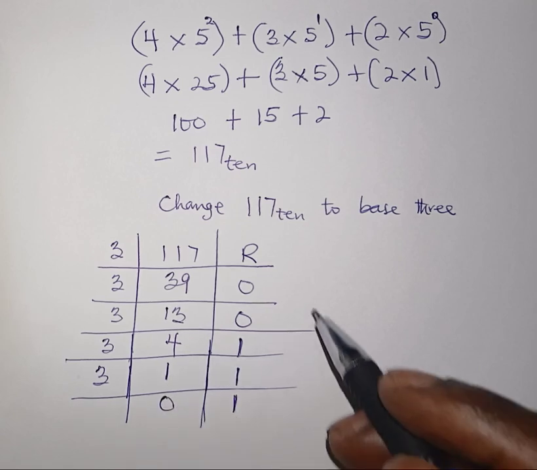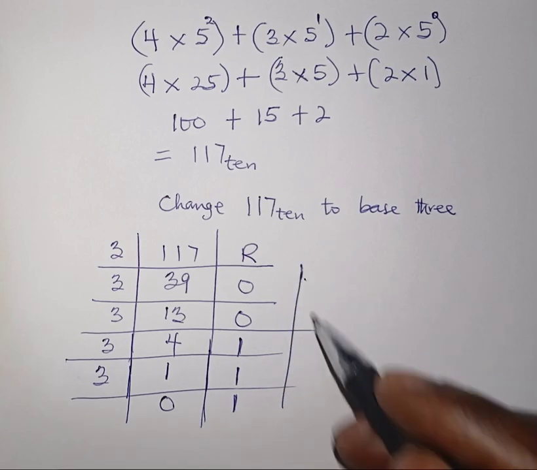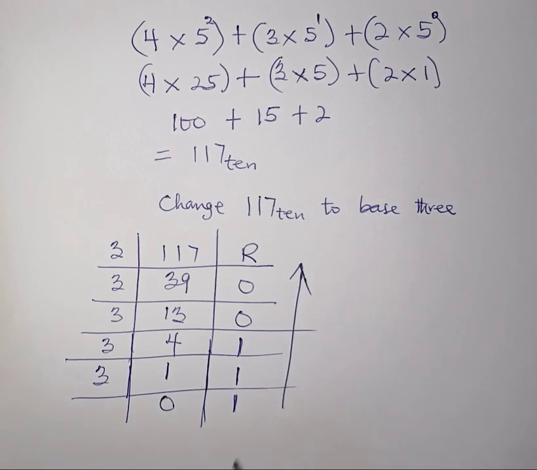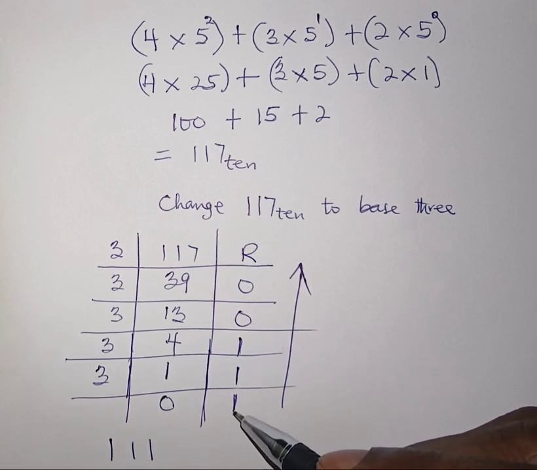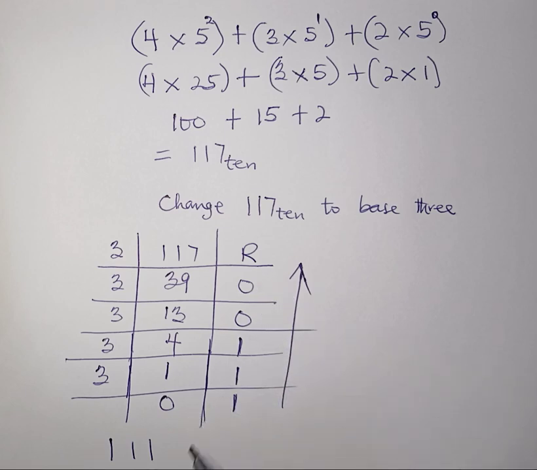Good. Once we are done, then we can write our values. So we are going to write it as 1 1 1 0 0. Always start from the bottom to the top. That is how we write the number, and this is in base 3.